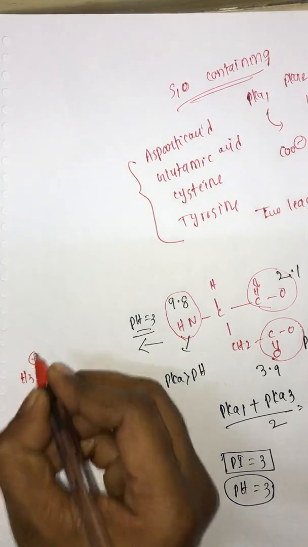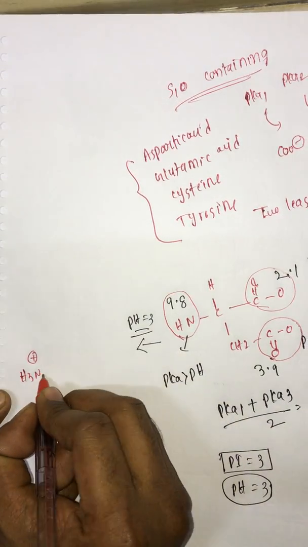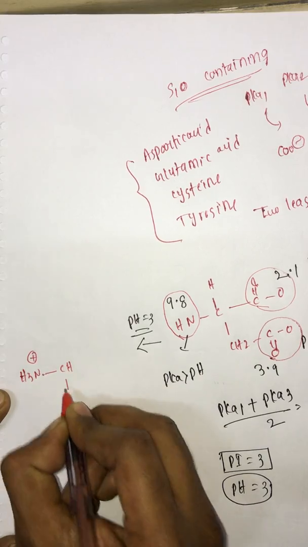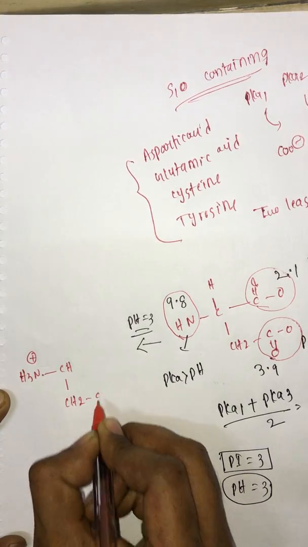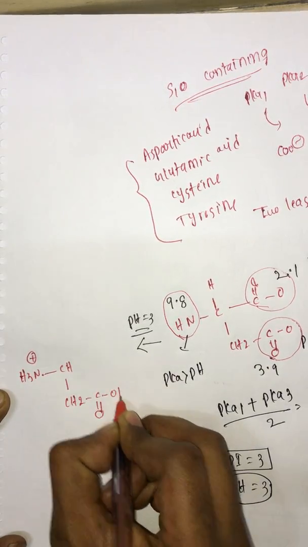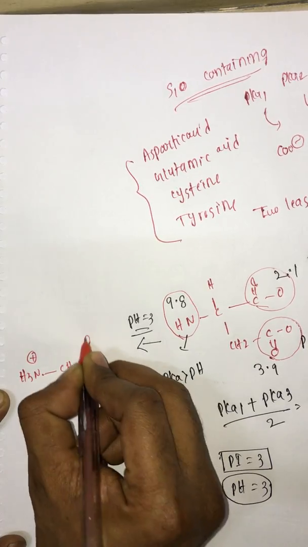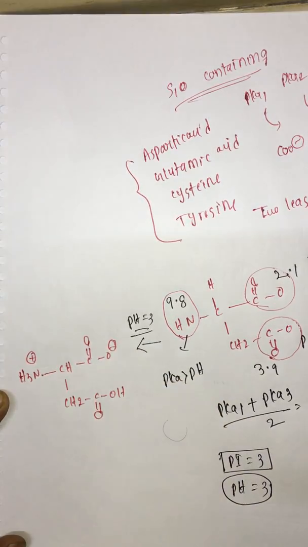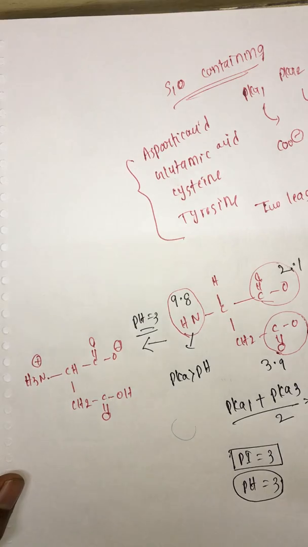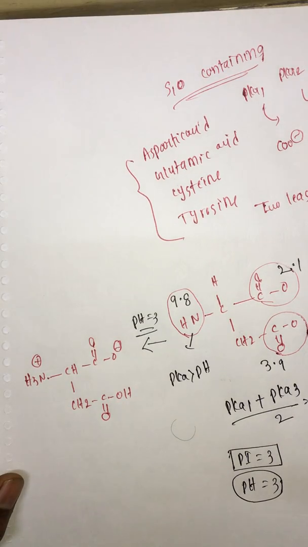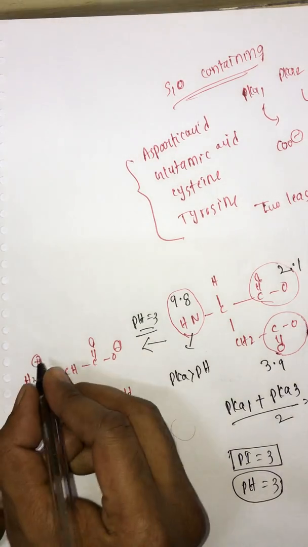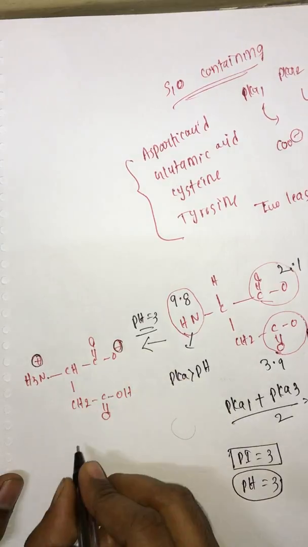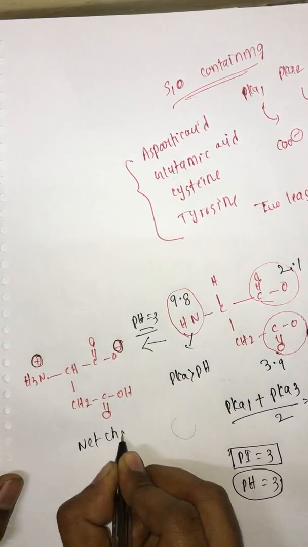After protonation and deprotonation, this exists as NH3 plus, CH, CH2, COOH, COO minus. Now we'll see the charge. Here we have one positive charge and one negative charge, so the net charge will be 0.